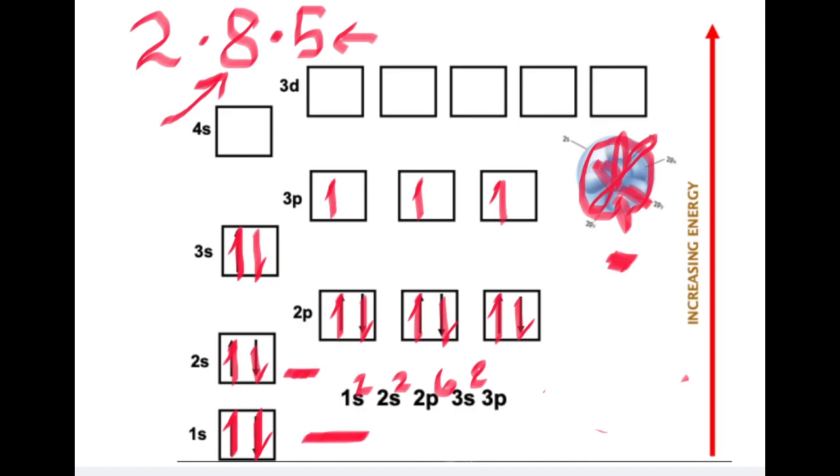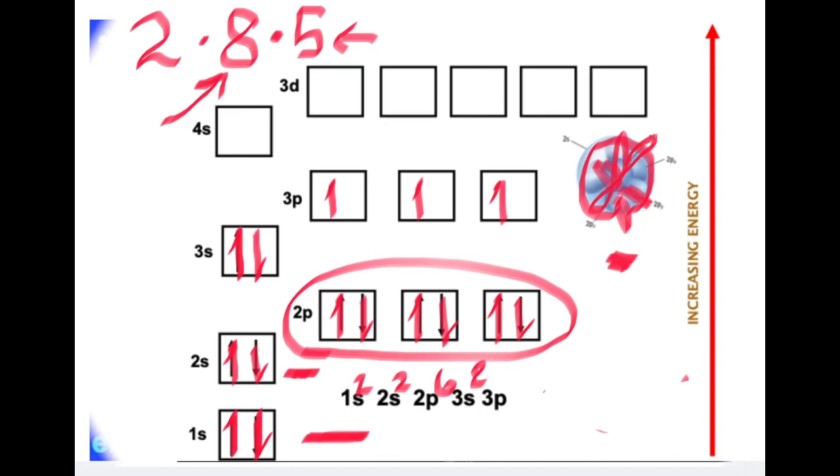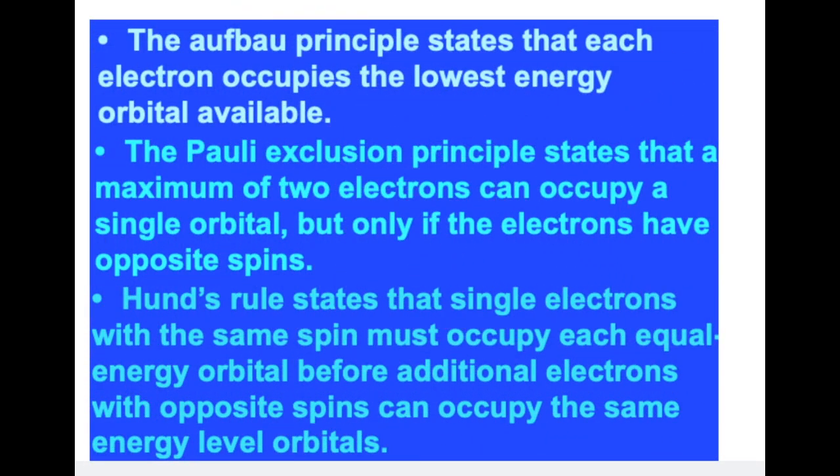When I have a level with 3 boxes, like this 2p, then I have to put 1 electron into each box first, each with the same direction, and then I start filling with opposite directions. So now that we've had that experience, I want you to have a look at the rules. And here you have the 3 rules for filling in electrons. Pause and take a read of it, see if we have been following all of those.